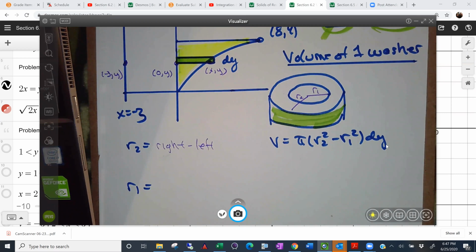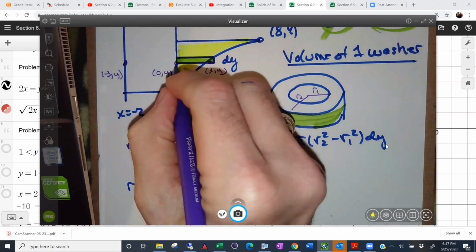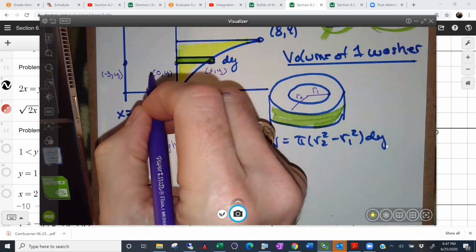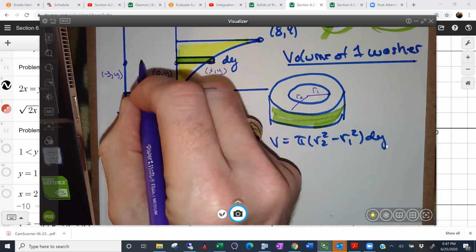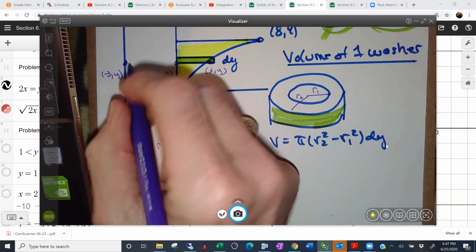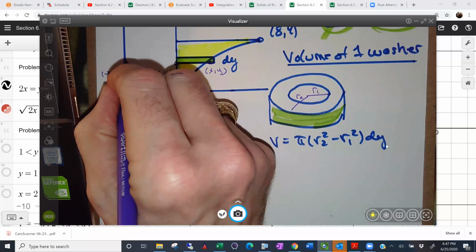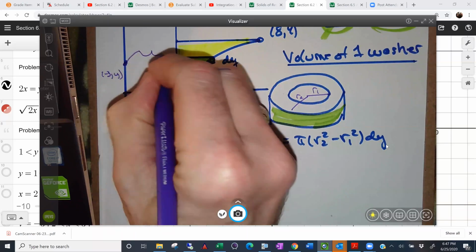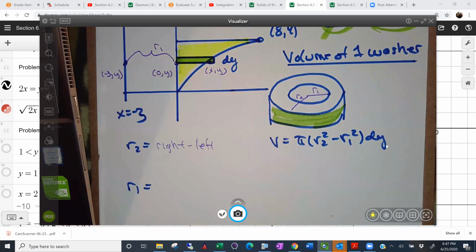I've got an inner radius here. Let's see. Yeah, I guess I'll do it this way. So R1 is the distance between those two.